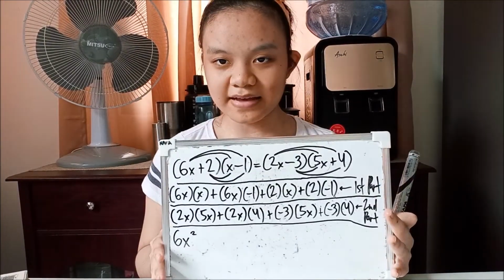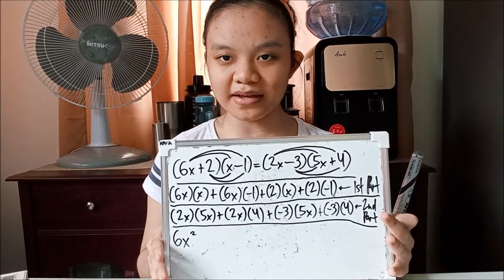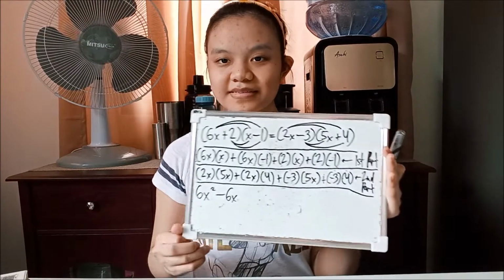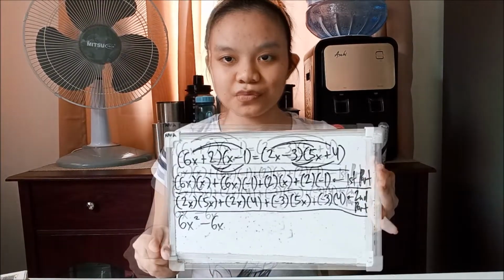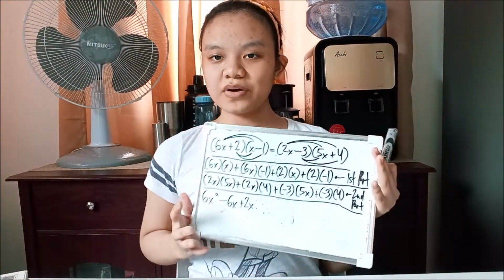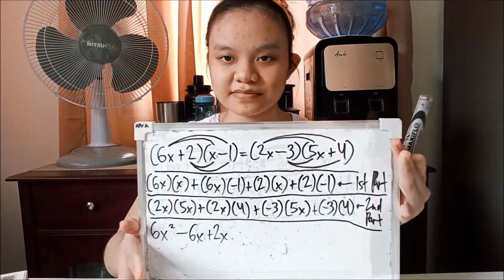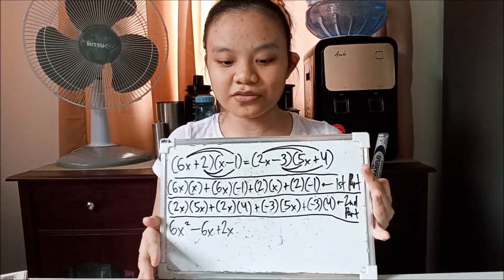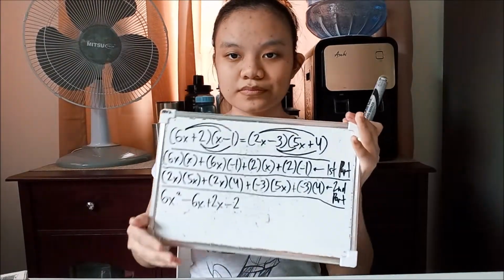Now 6x times negative 1 is equal to negative 6x. Then 2 times the variable of x is equal to positive 2x. And 2 times negative 1 is equal to negative 2.